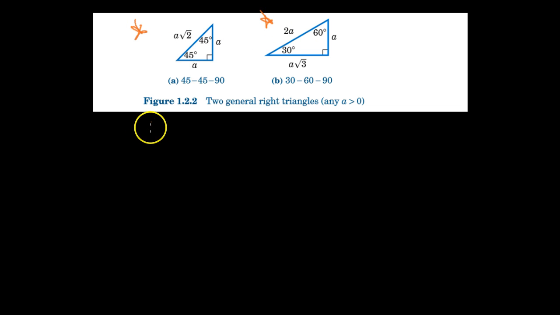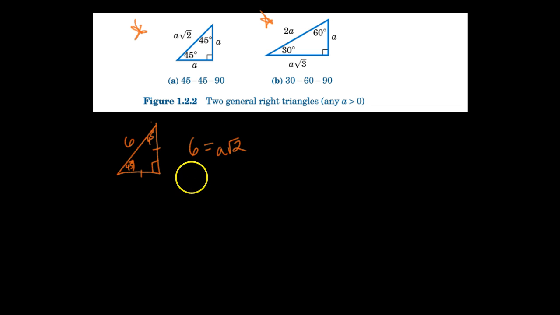Suppose that in a 45-45-90 triangle, you know this angle is 45 degrees, this is 45 degrees, and this is 90. Say the hypotenuse was, I'm going to pick a number, 6. What we could do is find the lengths of these two sides, which I know are equal because it's an isosceles triangle, by saying that 6 is equal to a square root 2.